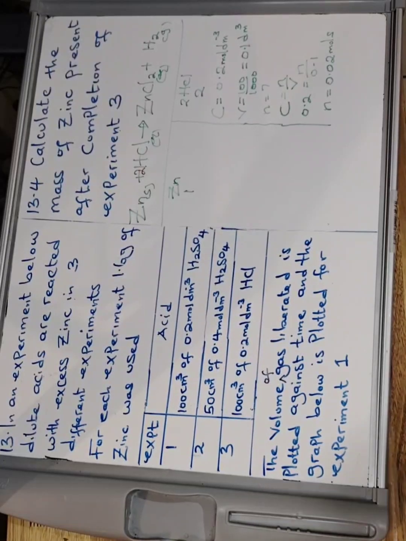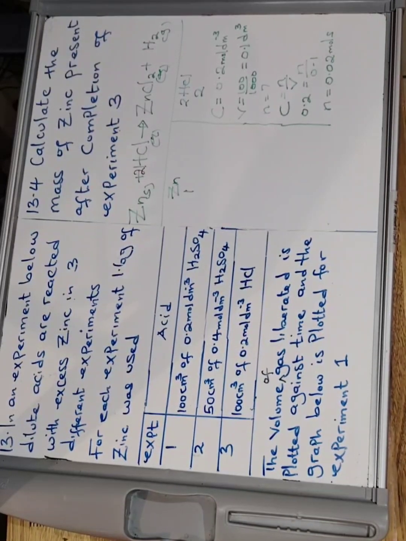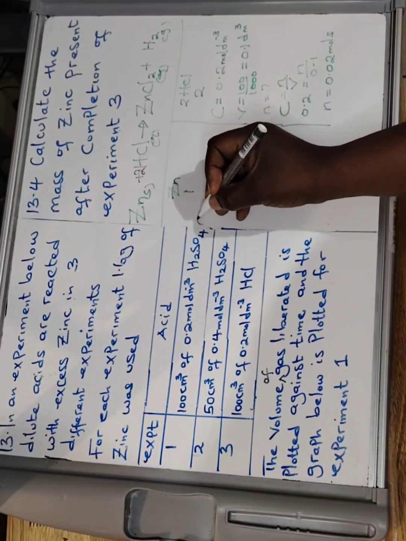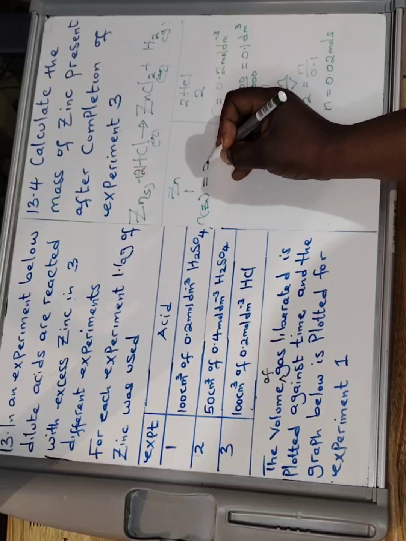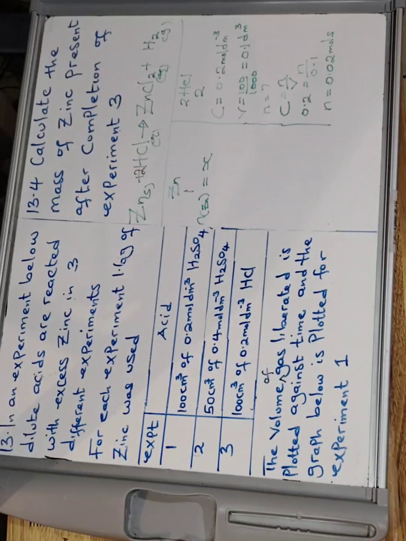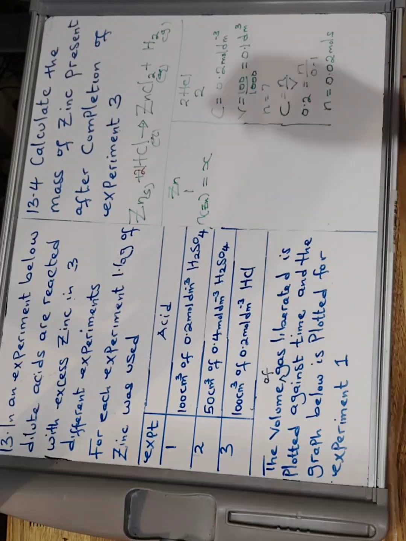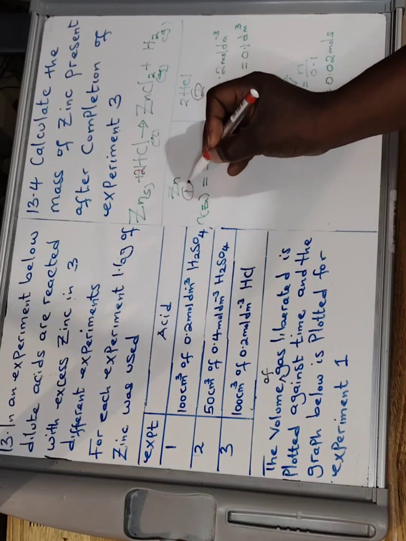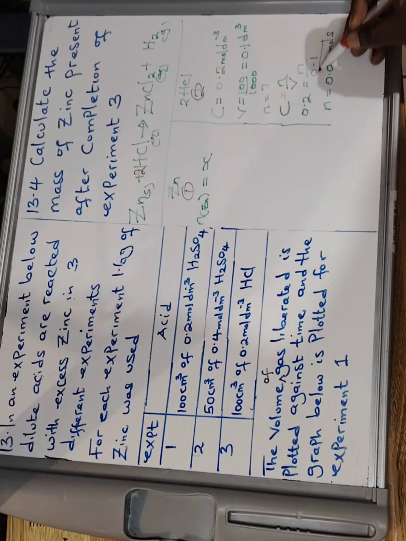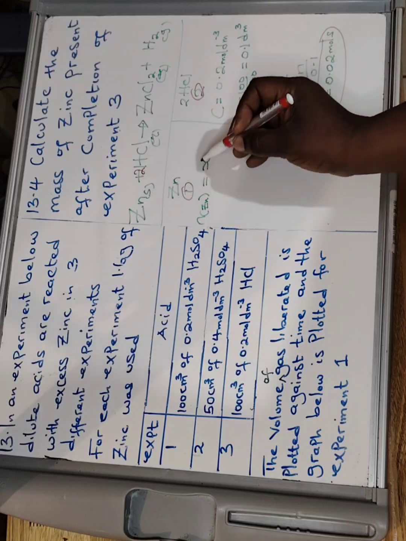After getting the number of moles, you come here and say that now we are looking for the number of moles of zinc which reacted. Let's call it x. We know this ratio and the number of moles here and our x here.